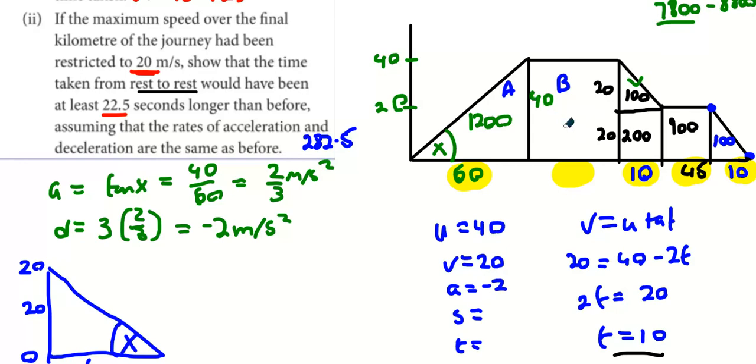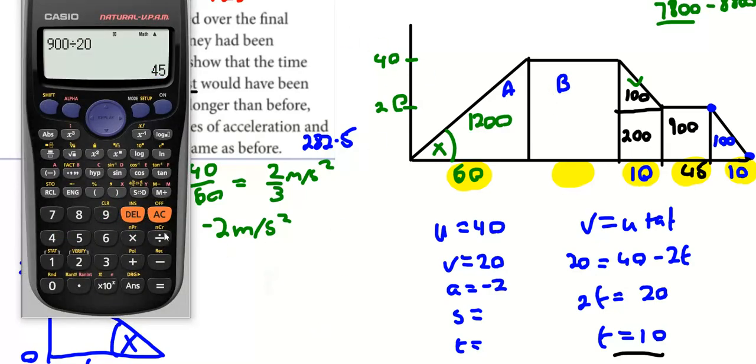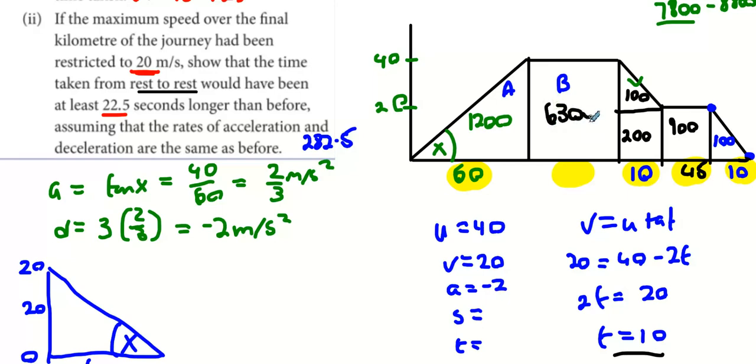Now, for the central rectangle, rectangle B, how much distance is left? So we get our 8,800. We take away 1,200. Take away 300. Take away 1,000. Keep an eye on me, because that's 6,300. 6,300 divided by what? 40, because it's distance divided by speed.